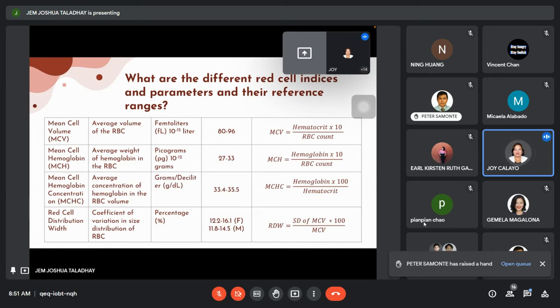Okay, so in a patient with IDA, for example a patient with stage 3 IDA, what would be the expected results of the indices? Anyone can comment.